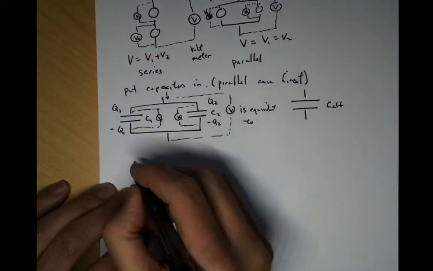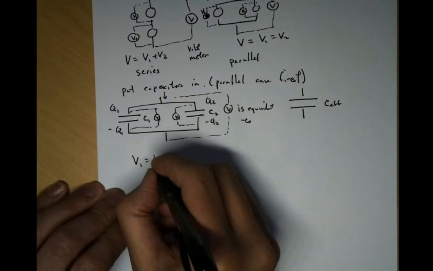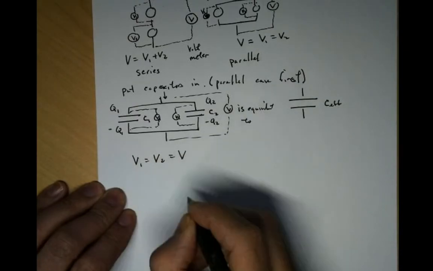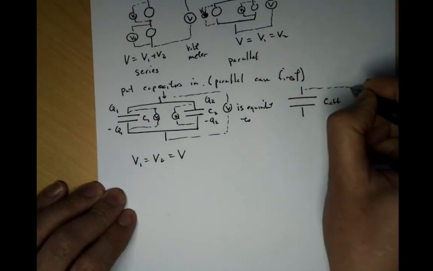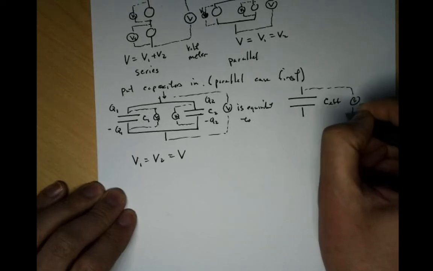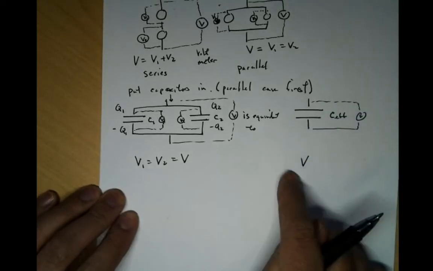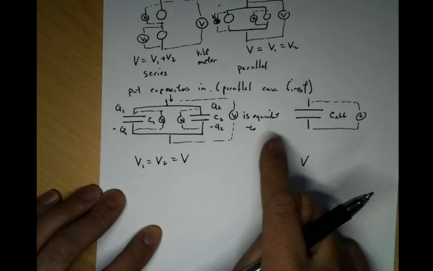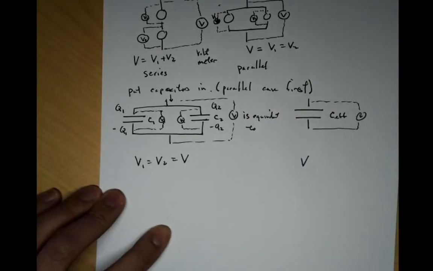I will get V1 is equal to V2, equals V. Likewise, I wire this thing up as well. That's V. These V's have to be equal to each other, because that's what this equivalent capacitance is going to be.